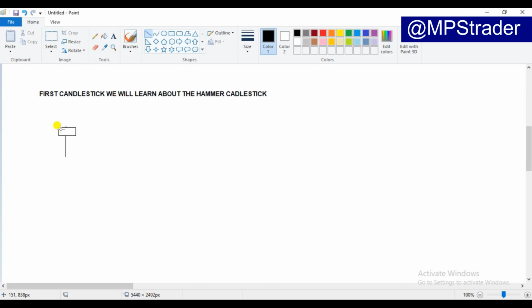We take a hammer and push the pin inside the wall with the help of the hammer. So this is a normal life hammer. In trading we will draw a hammer. What are the types of hammer? So this is a hammer.